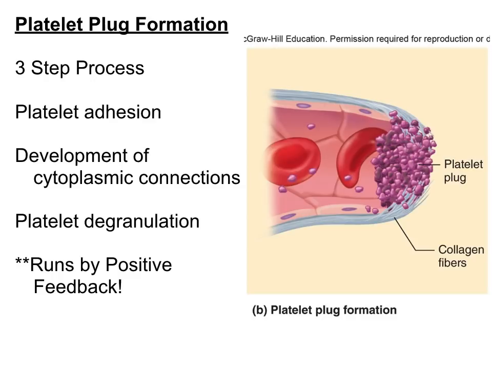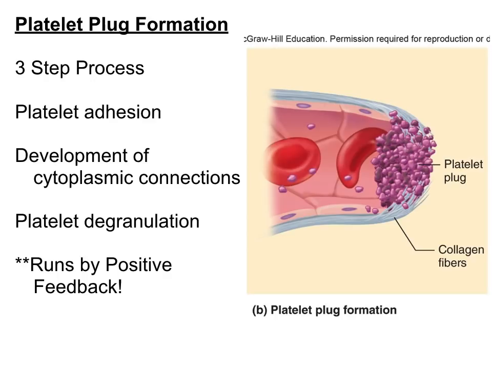Now, prostacyclin is actually one of the chemicals that does help to limit it because, as I mentioned at the beginning of this slide, normally your blood vessel wall is nice and smooth and covered in prostacyclin, which is a platelet repellent.